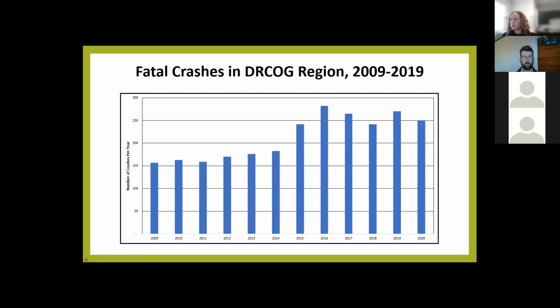Next, here we're displaying the number of fatal crashes that occurred each year in the DRCOG region from 2009 to 2020. And there was an average of 210 fatal crashes each year, and there has been a slight increase in the number of crashes since 2014.